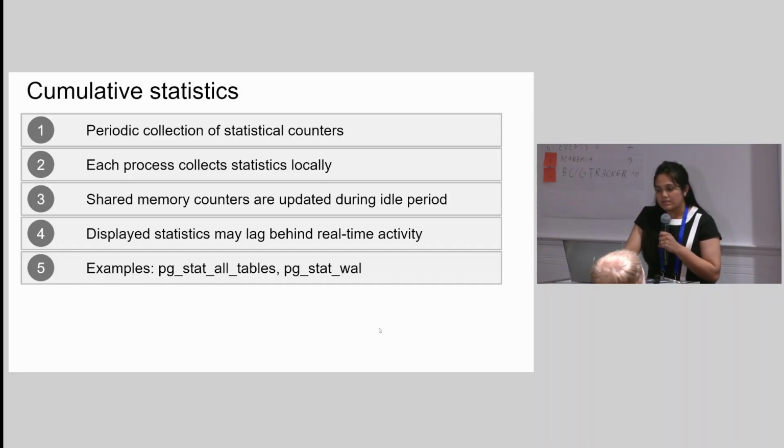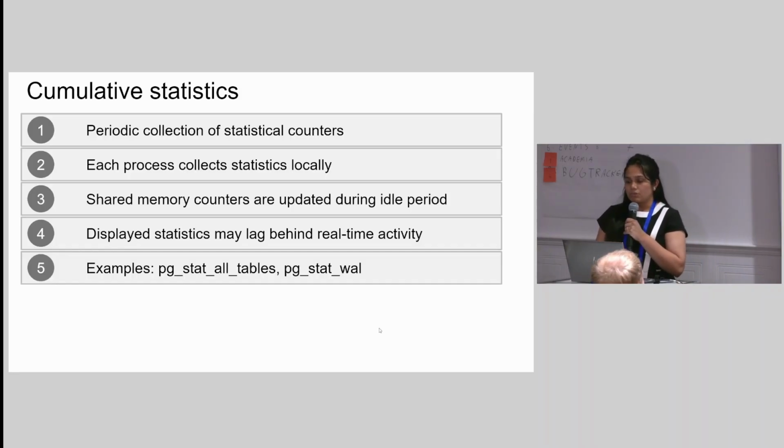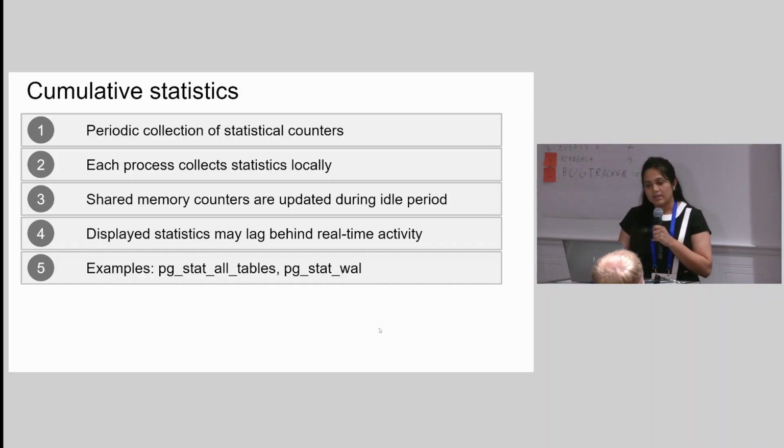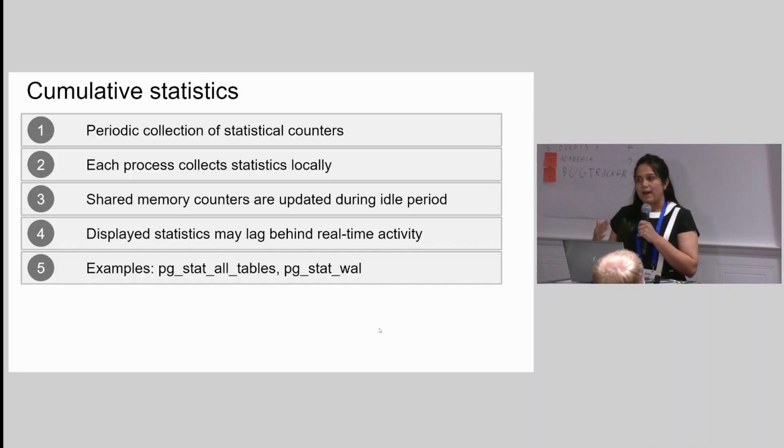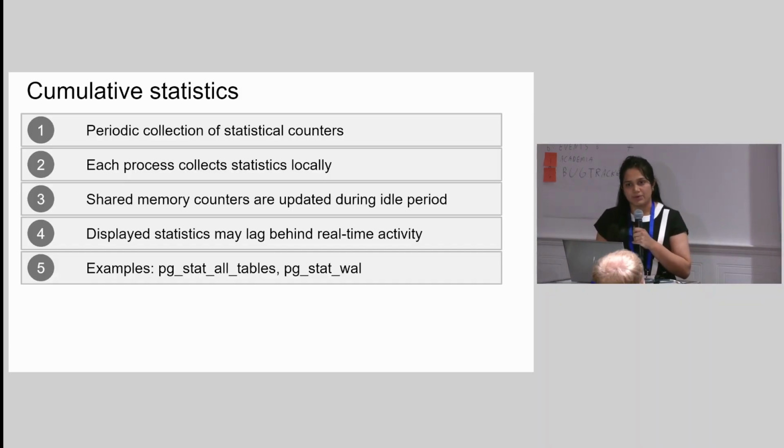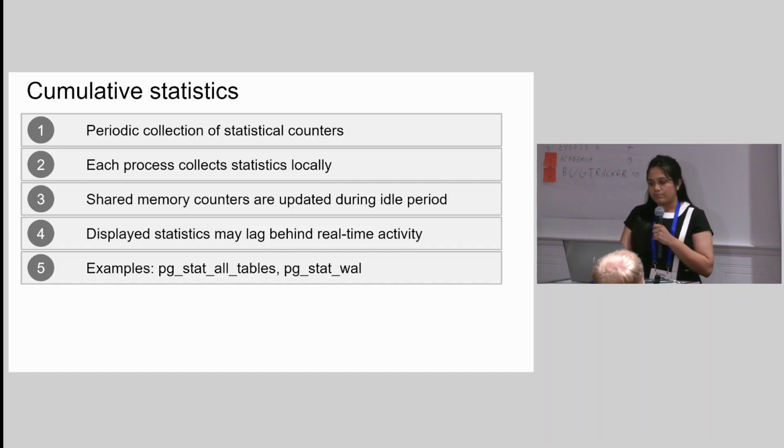These statistics are collected by a Postgres process locally first, and then, whenever a backend is idle, uploaded or rather shared in a shared memory. So that's the way a backend goes about collecting such statistics.